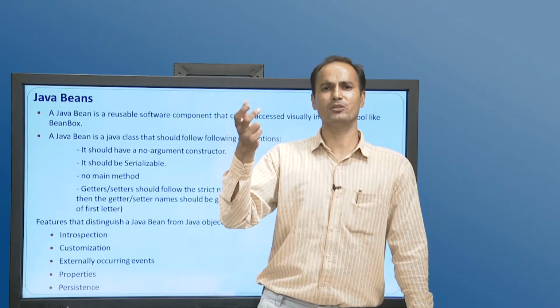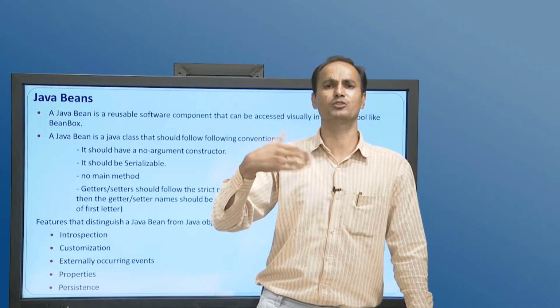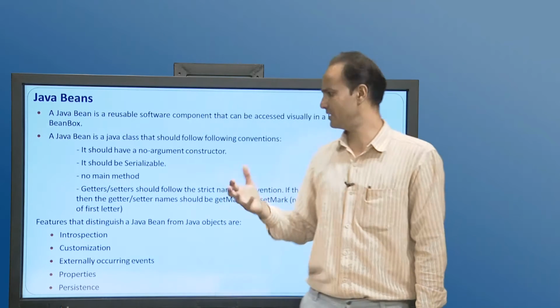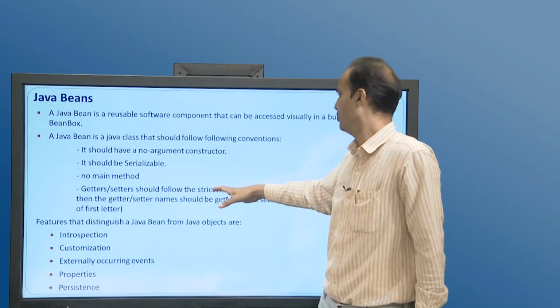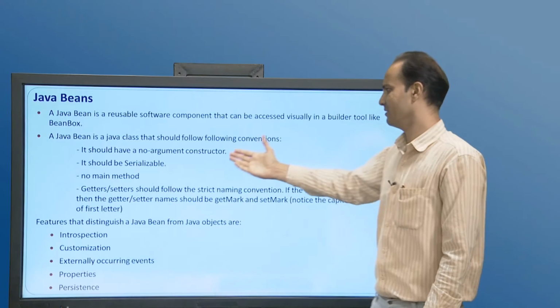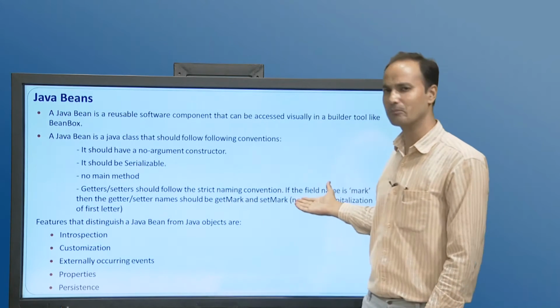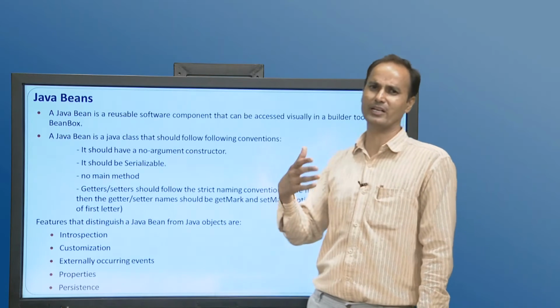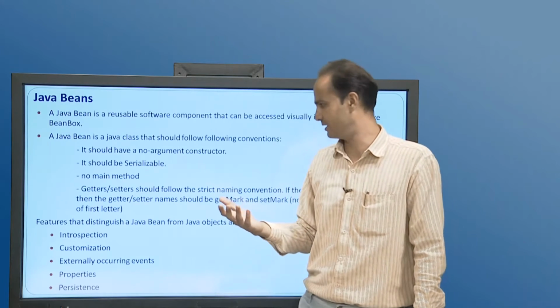So, for attributes and properties we have to provide getter and setter methods, and they should follow the strict naming convention. If the field name is mark, then the getter and setter names should be getMark and setMark, as I told you for getNumber1, setNumber1.